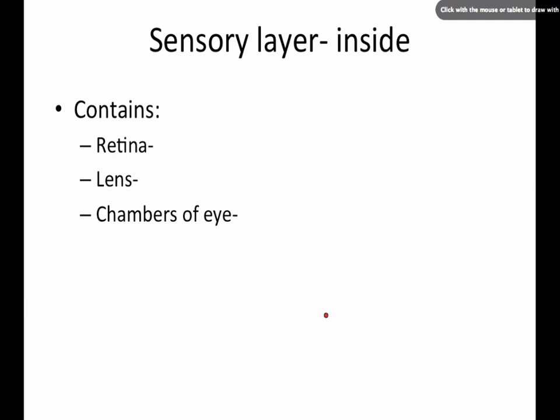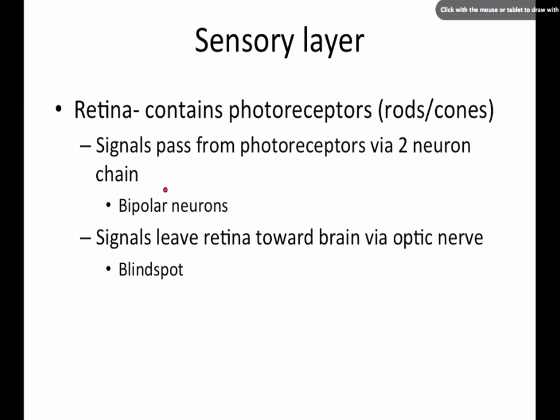Then the last part, which actually contains most of our notes here, is the sensory layer, or the inside of the eye. So the inside of the eye contains the retina, the lens, and the chambers of the eye. Okay, so the retina contains photoreceptors, which are the rods and cones. The signals pass from the photoreceptors through a 2-neuron chain.